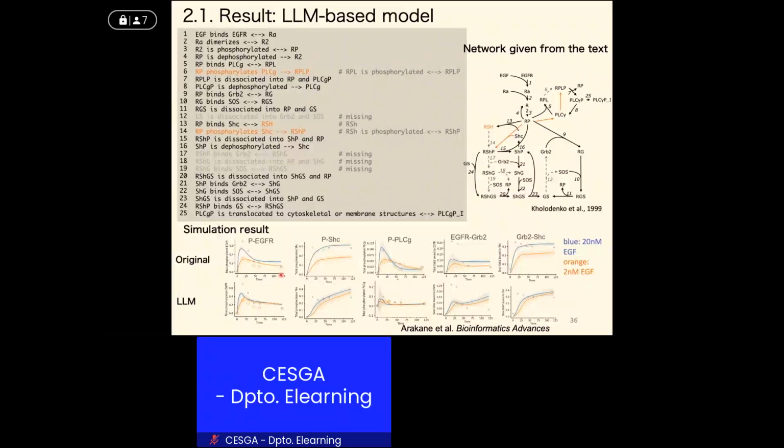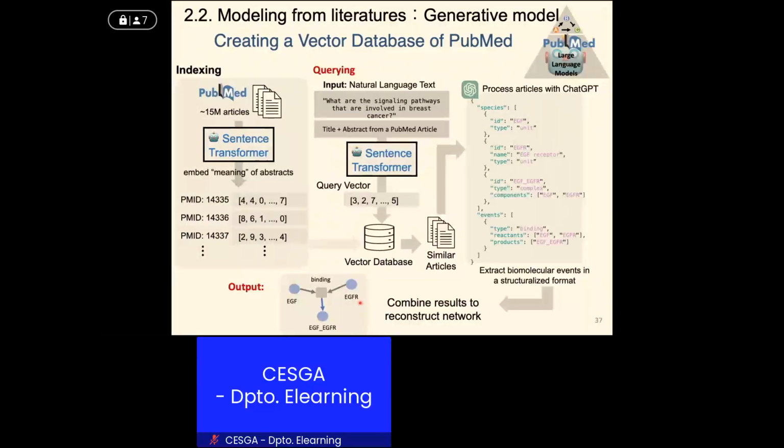We also performed the simulation using BioMASS, and we see that the original data is like this, the simulation is like this, but the LLM-based model can also generate more or less similar results. Quantitatively different, but qualitatively satisfactory, I think.